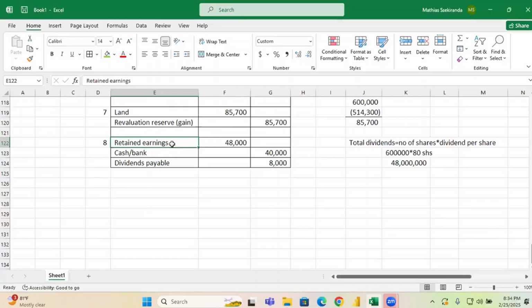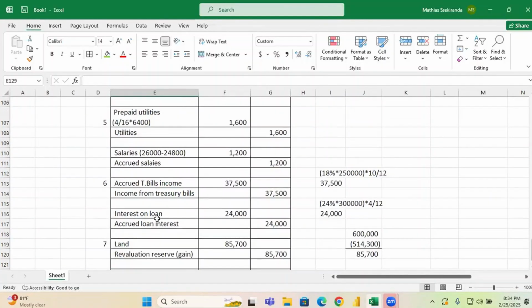Preference shares. For them, whether you've made a profit or a loss, you will have to pay them. But ordinary shareholders, we only pay them when we have made a profit.